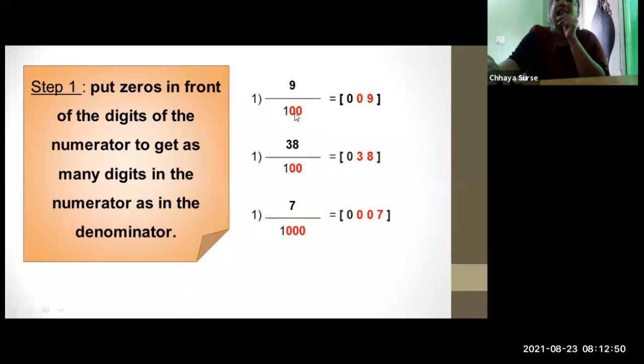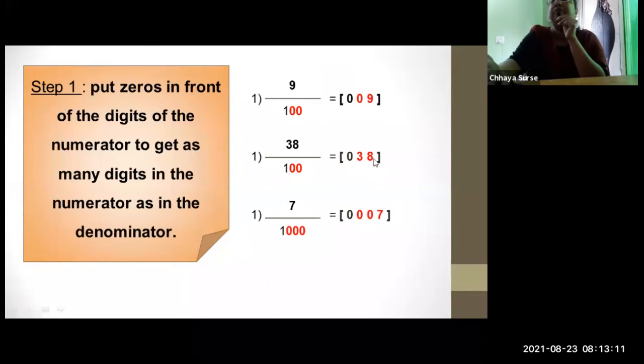When the numerator has fewer digits than the denominator, that time you have to add 0s on the left hand side. Now here is a 2 digit number, so add only 1 zero to equal the denominator.